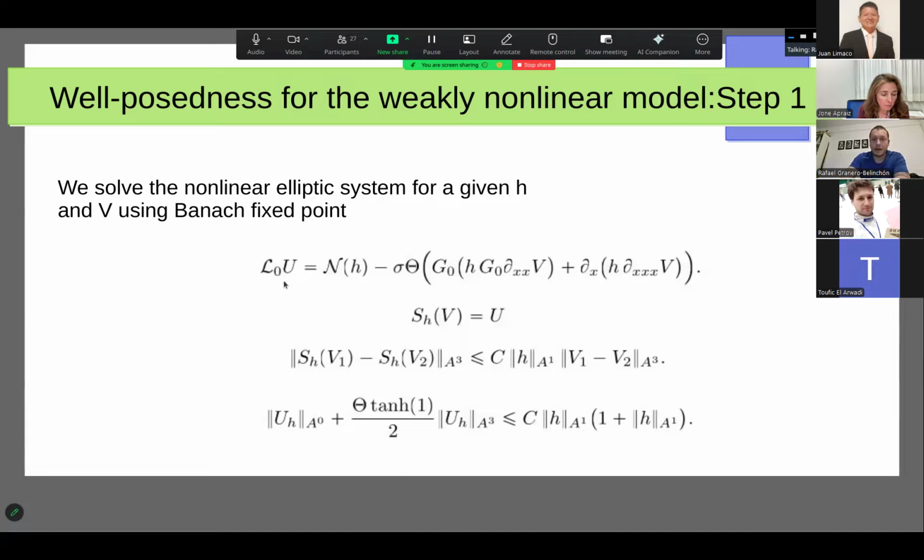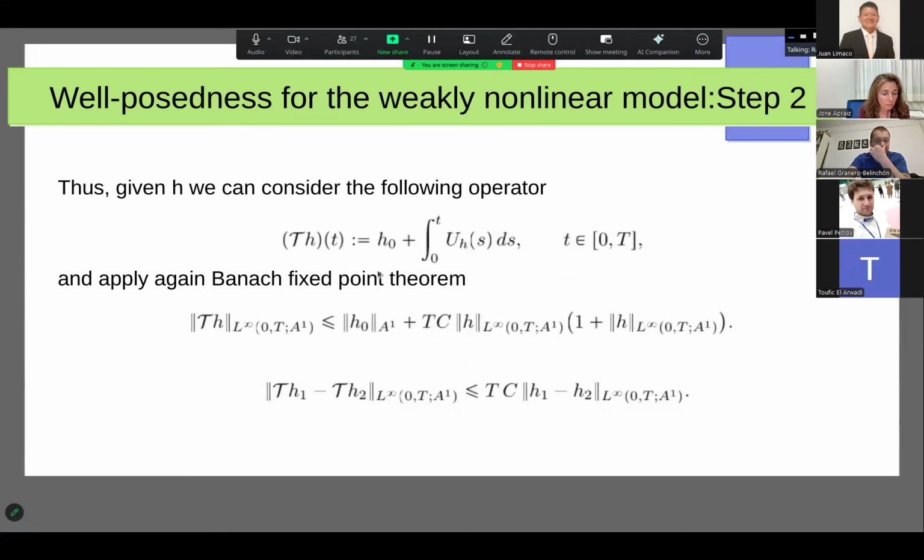Now, once we have a mapping that eats h bar and returns capital U, then we can consider the mapping that eats h bar, returns capital U, integrates in time, and then makes this guy right here. And this is a mapping that eats h bar and returns h.